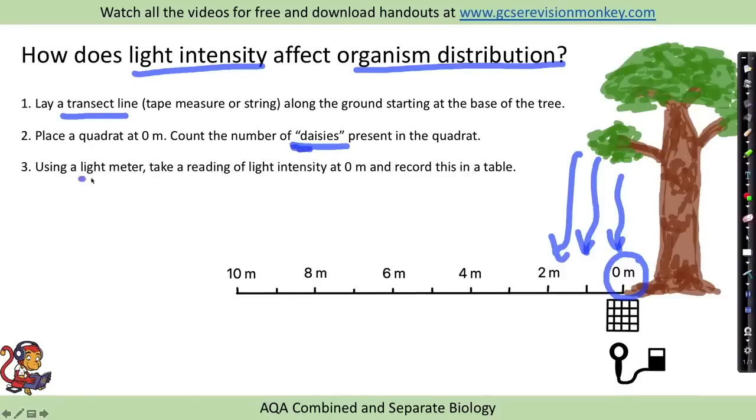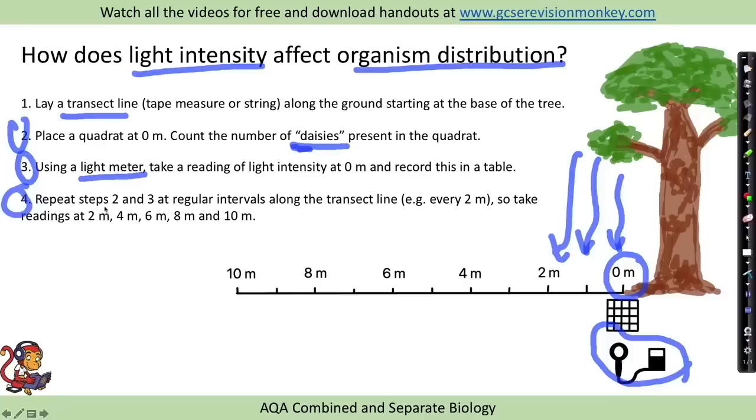We would use a light meter to take a recording of the light intensity and record this in a table. We then repeat steps 2 and 3 at regular intervals along the transect line, for example every 2 metres. So we place our quadrat and our light meter here, here, here, here, here, each time counting the number of organisms, for example daisies or whatever we were looking at, and calculating the light intensity.